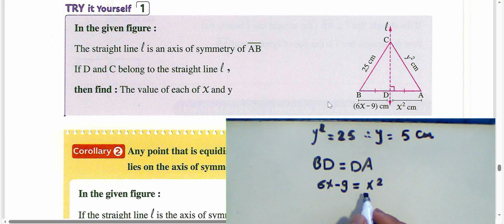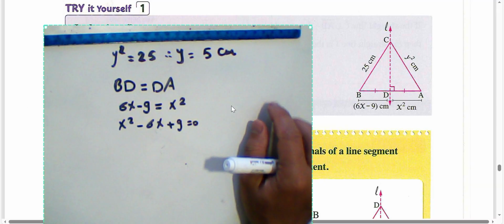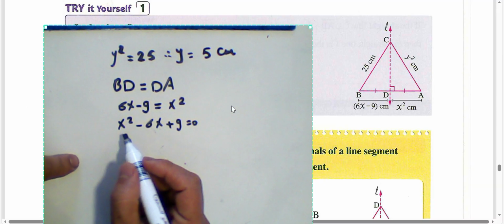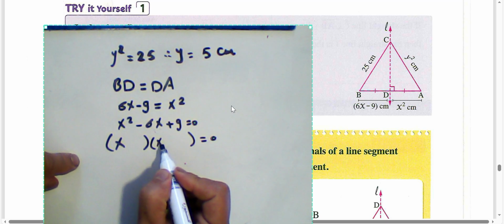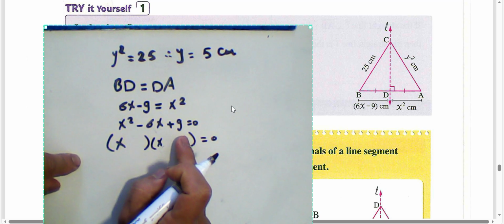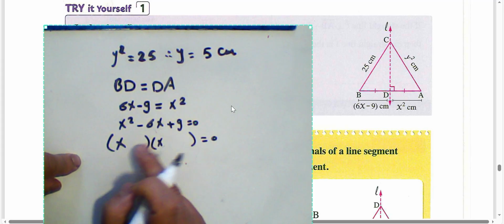We can solve this equation. Move 6x and negative 9 to the other side by the inverse sign. Then we can write x power 2 minus 6x plus 9 equals 0. And then you can factorize this expression into two factors. x power 2 is x by x, and we want two numbers whose product equals 9 and whose sum equals 6: 3 and 3, negative and negative.